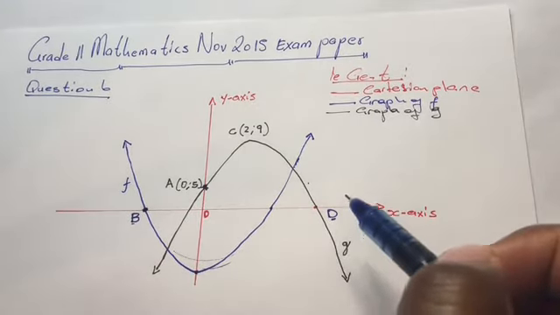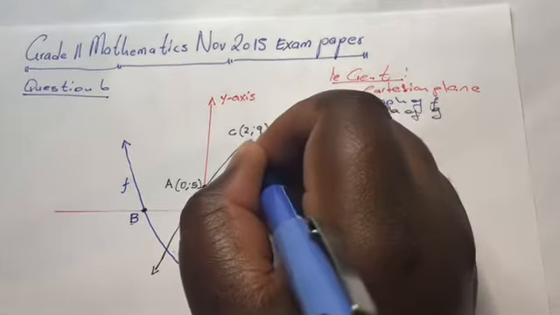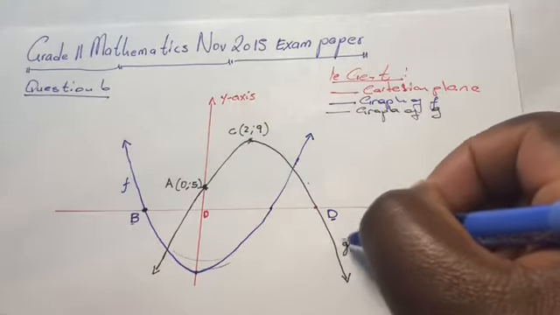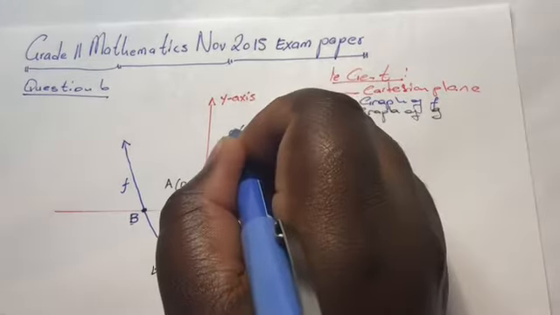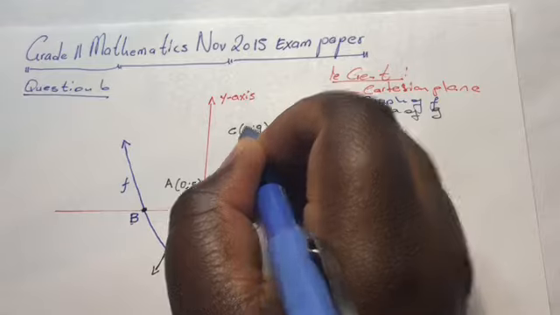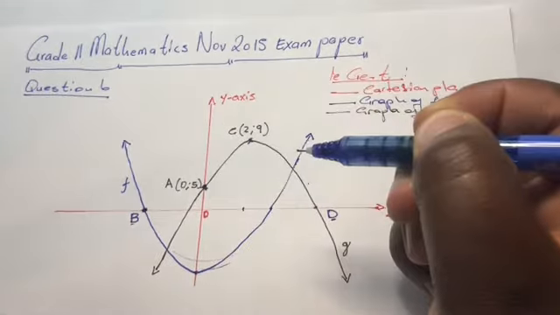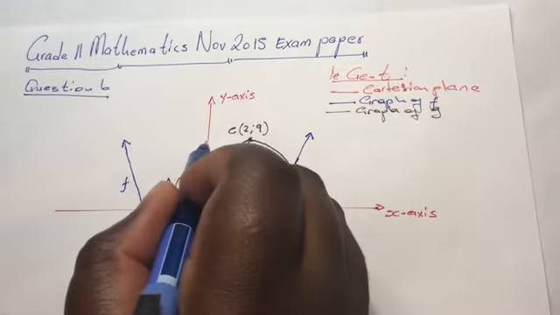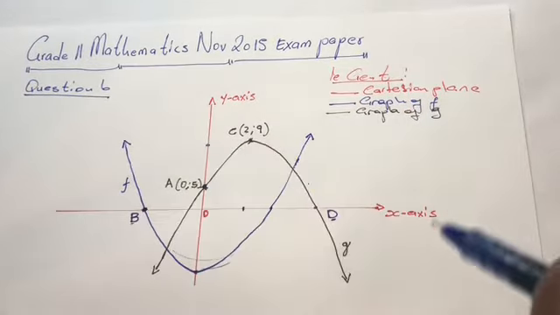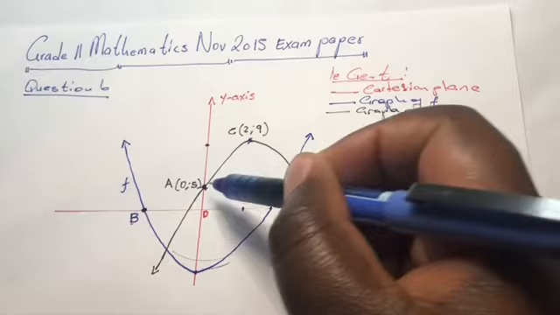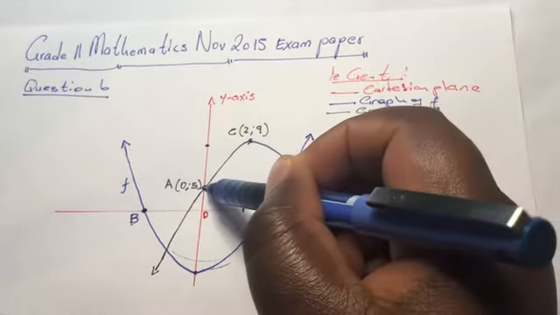And the turning point of the graph of g is at C, where x is 2 and y is 9. It makes sense because that point is higher than that point.